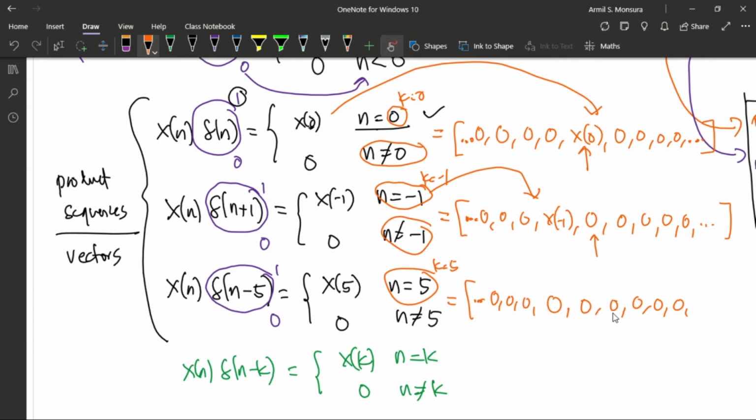You'll have x of 5 as the value of your sample. And then, the rest would be 0 na. So, negative 4, negative 3, negative 2, negative 1, 0. Ito dito talaga yung arrow. So, yan yung mga nabubuo nating mga product sequences when we multiply x of n with delta n.